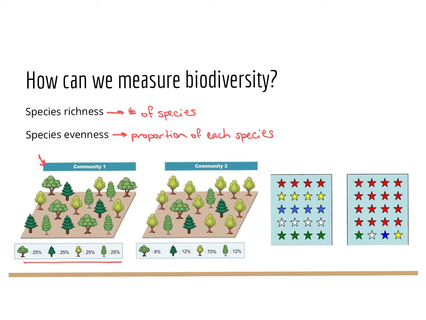So high species evenness means that the proportions of the species are more equal to each other. When we do our next lab, we are going to measure species richness and species evenness, and therefore biodiversity, because biodiversity is a combination of species richness and species evenness.